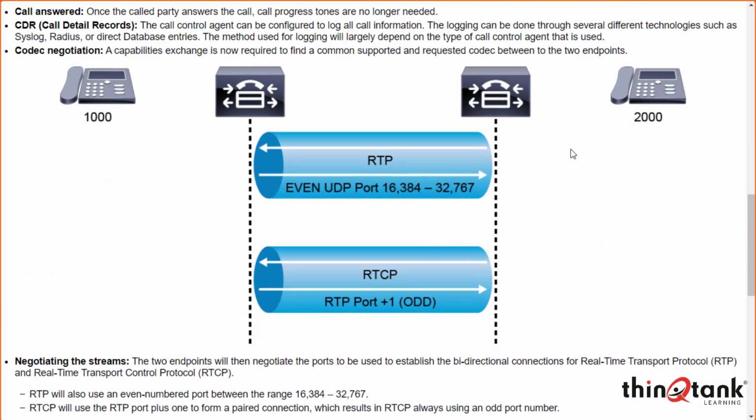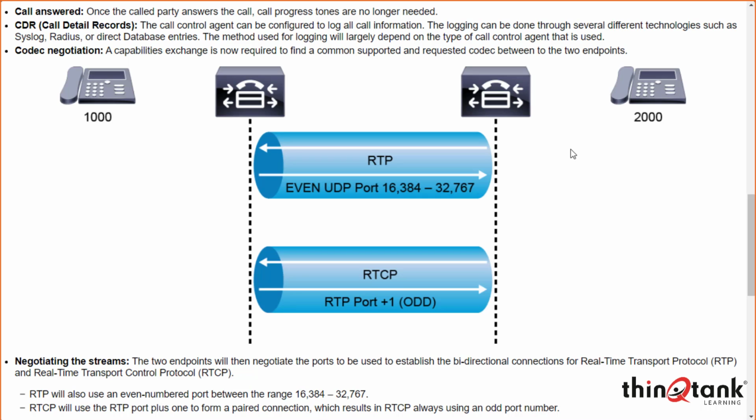So that's what I was talking about previously when I was talking about the lack of transcoding resources. Transcoding would only be required to establish the RTP media stream. All of these other events that we just discussed take place before that would have to happen.